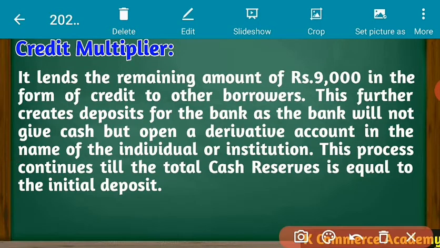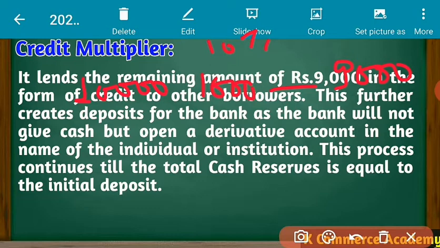Now just concentrate on each and every word of mine. Suppose there is an initial deposit of rupees 10,000, of which 10% has to be kept in the form of reserve. So 1,000 will be kept by this commercial bank with the central bank as reserve, and the remaining 9,000 can be allowed in the form of loan to the borrowers.